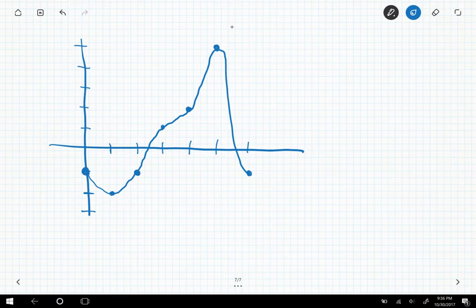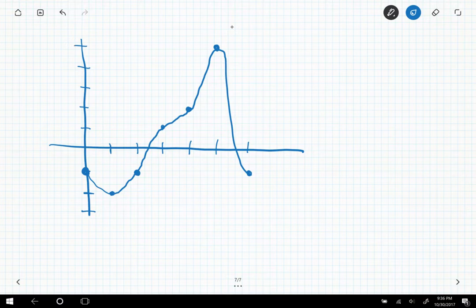So what we have here is, let me read the problem real quick. So we have a velocity function given, and we want to use a left endpoint Riemann sum to estimate the total displacement.